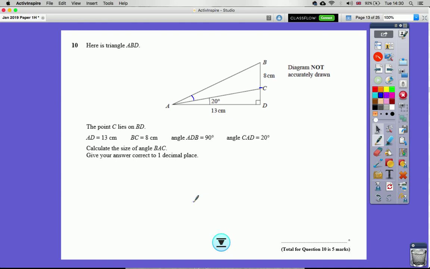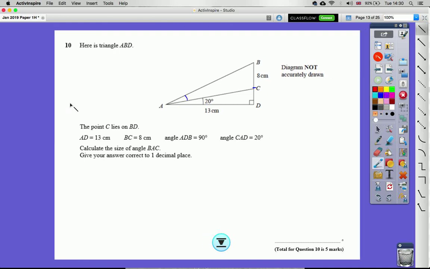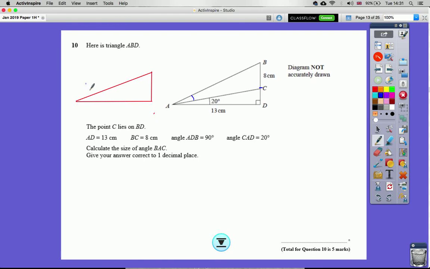All right, so what I'm going to do is treat these as two separate triangles. First I'm going to work with the smaller triangle ACD. So that angle here is 20 degrees. This is 13 centimeters, and I'm looking for the missing side. So that's my hypotenuse, adjacent, and opposite.